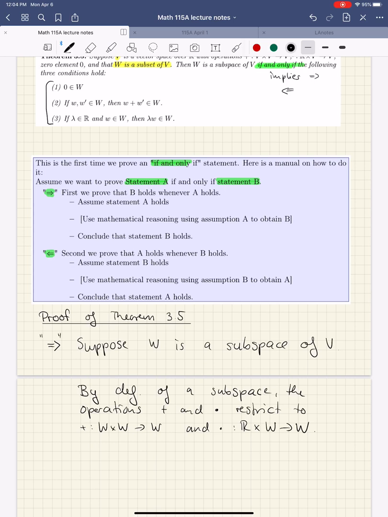And this implies immediately 2 and 3. So it is left to show that 1 holds.